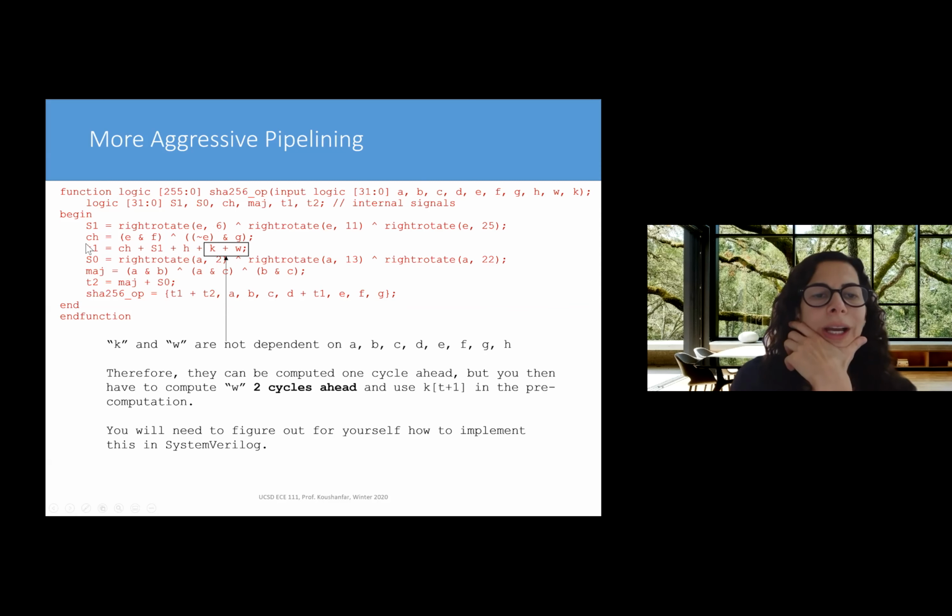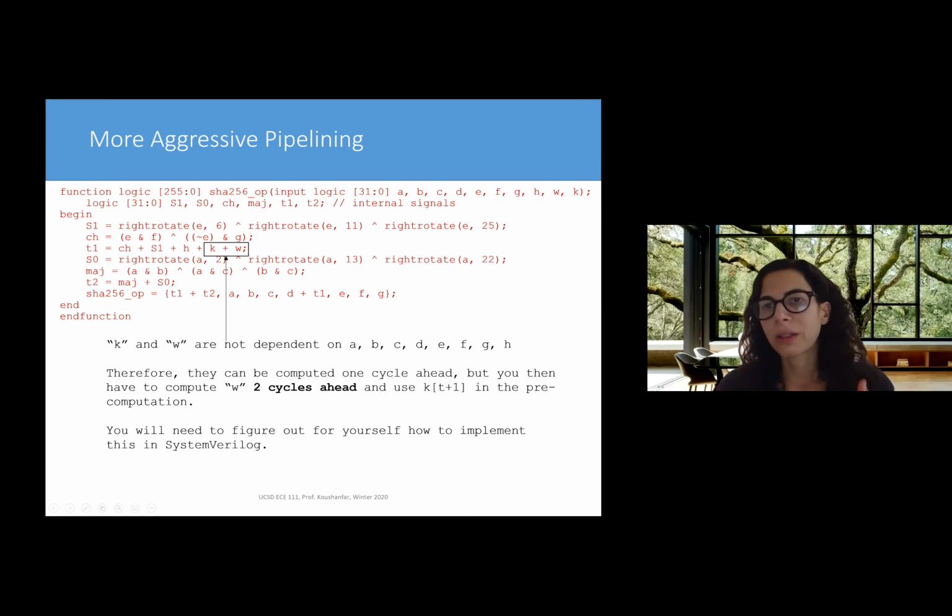Then we have CH, which is a logic function based on the values in registers E, F and G. And then T1 is a combination of S1 plus CH plus the value in register H, plus K plus W. As you see here, these values were the input logic, but if we could get the inputs earlier, like getting the dough earlier and making the pizzas earlier, we could speed up things, right?